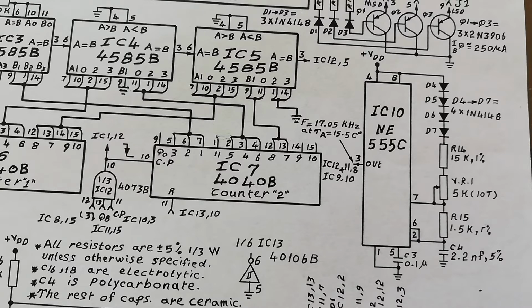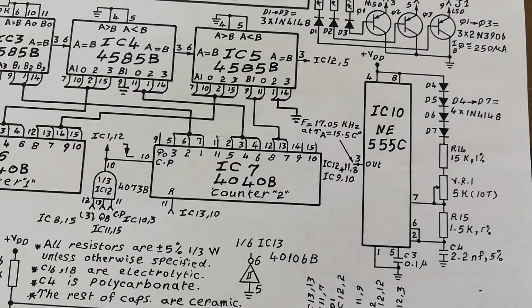And by the way, speed of sound increases by about 60 centimeters per degree centigrade. So that means for every increase in temperature by 1 degree, the speed of sound will increase by 60 centimeters.